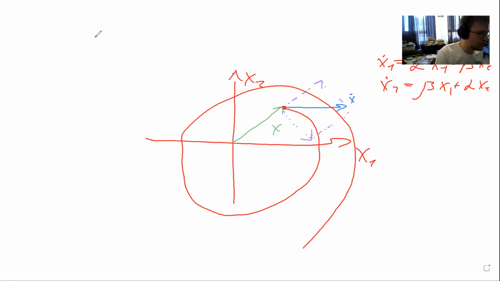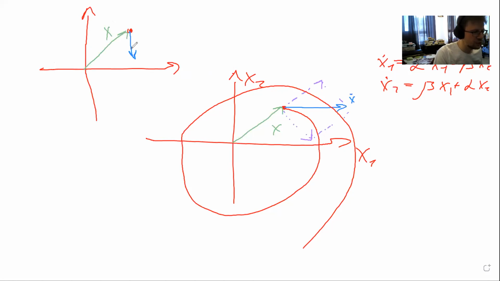Now, I don't know if I have space to draw it somewhere here. Let me try to drag everything away. So imagine you have, again, the same situation here, but your x dot now points kind of like this. It will be clear when I draw x. So this is x, and this is x dot.